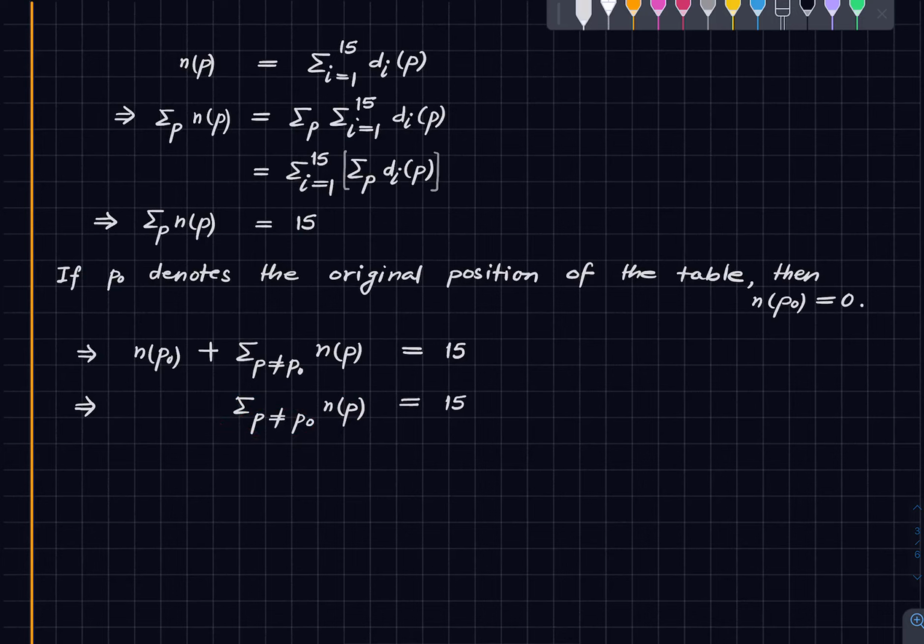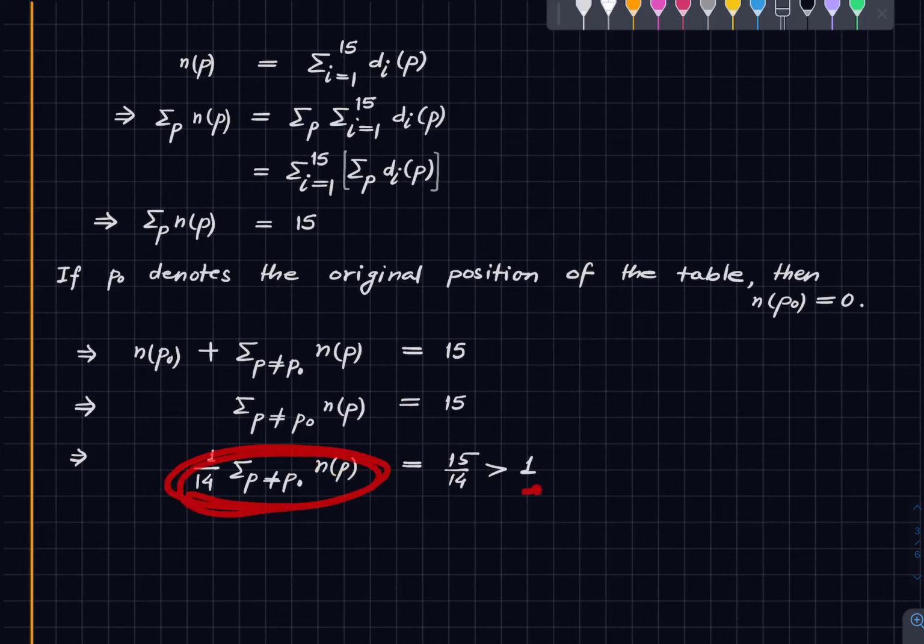And therefore, if we divide both sides by 14, we have something greater than 1. And since these are just integers, taking values 0 or 1 or 2 and so on, it must happen that some N(P) is at least 2, because if each N(P) were less than or equal to 1, then this couldn't exceed 1.